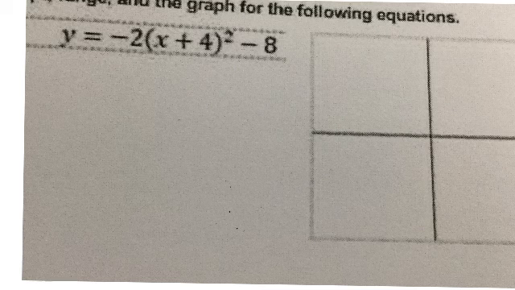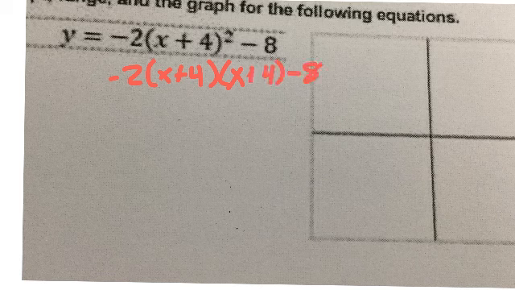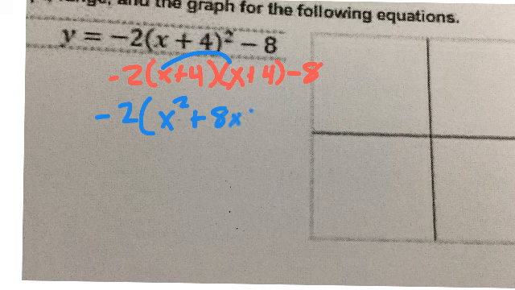So I'm going to distribute this out and get it into standard form. So this would be negative 2 times x plus 4 times x plus 4, minus 8. Then I would distribute inside the parentheses first. So that's going to give x squared plus 4x plus 4x is 8x plus 16 minus 8.